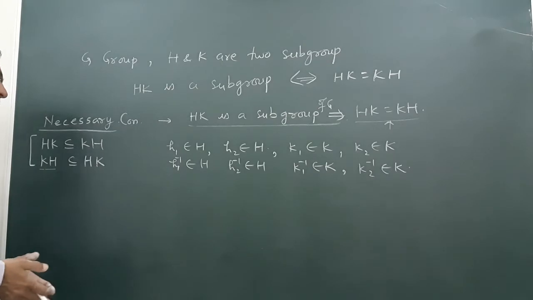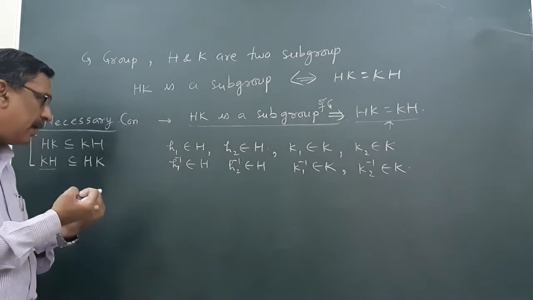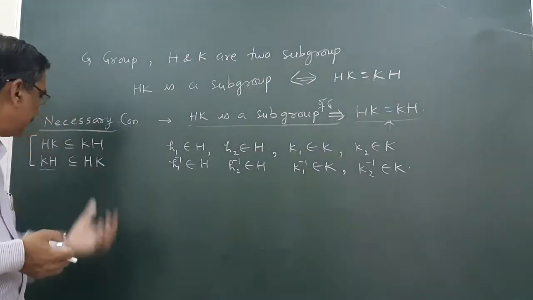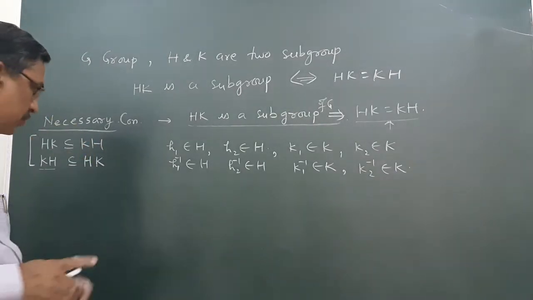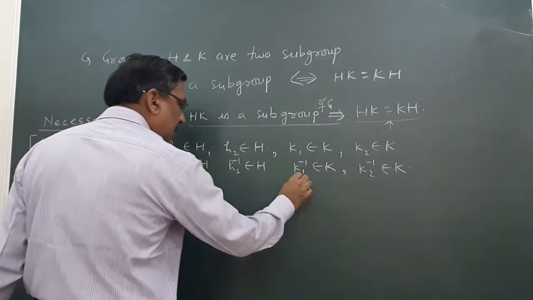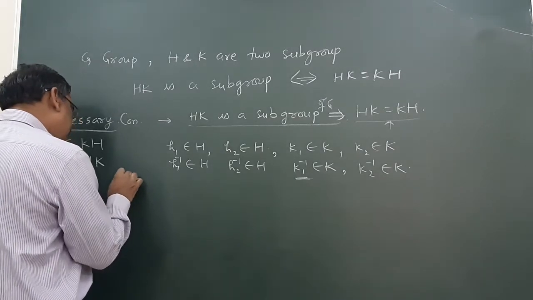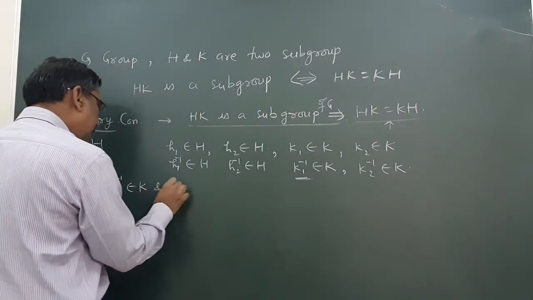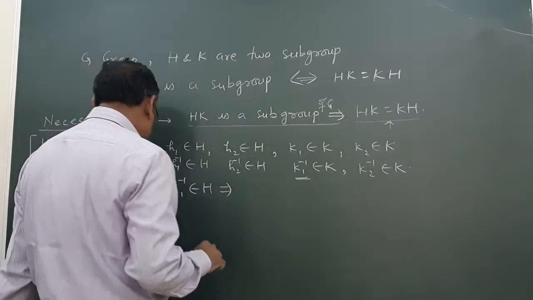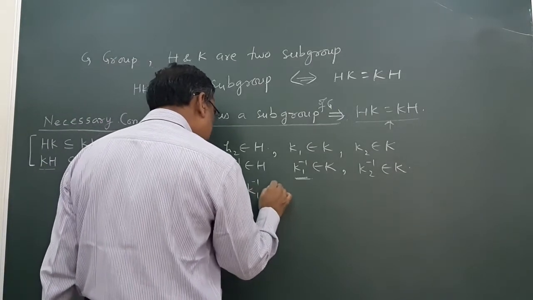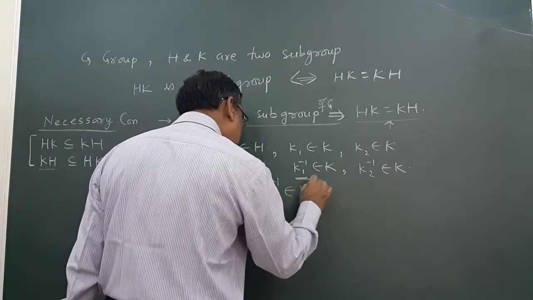I just write these results for the sake of simplicity, my way to write this one. Now, let us take any element of KH. Any element of KH, K1 H1. K1 inverse belongs to K, and H1 inverse belongs to H. This implies H1 inverse K1 inverse belongs to KH.